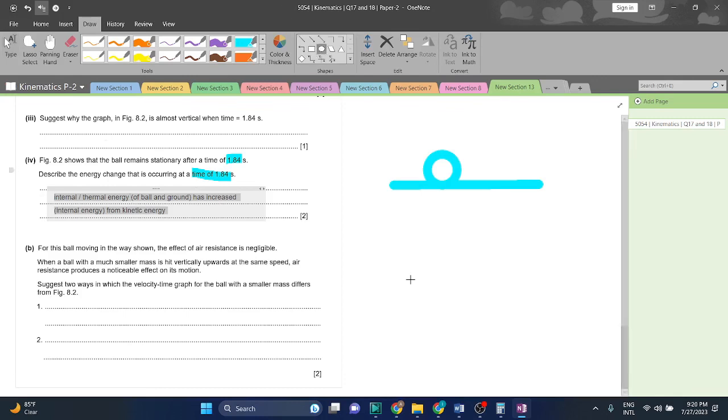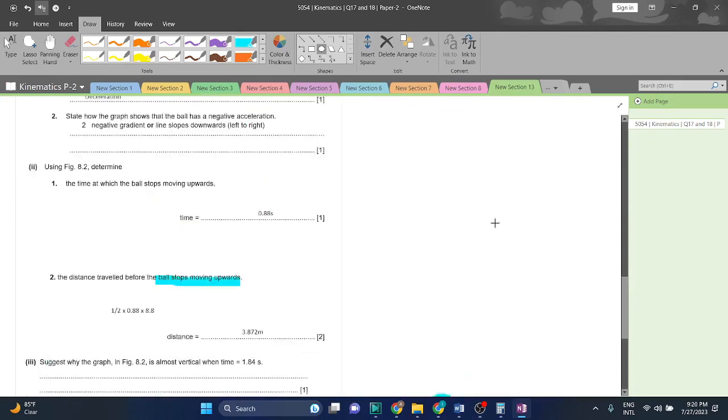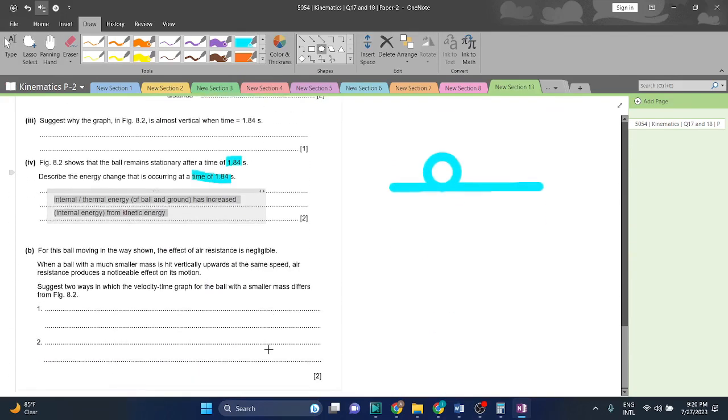When a ball of smaller mass is thrown, air resistance is experienced. Even if the force applied is the same, air resistance will be experienced much more noticeably than in this ball.